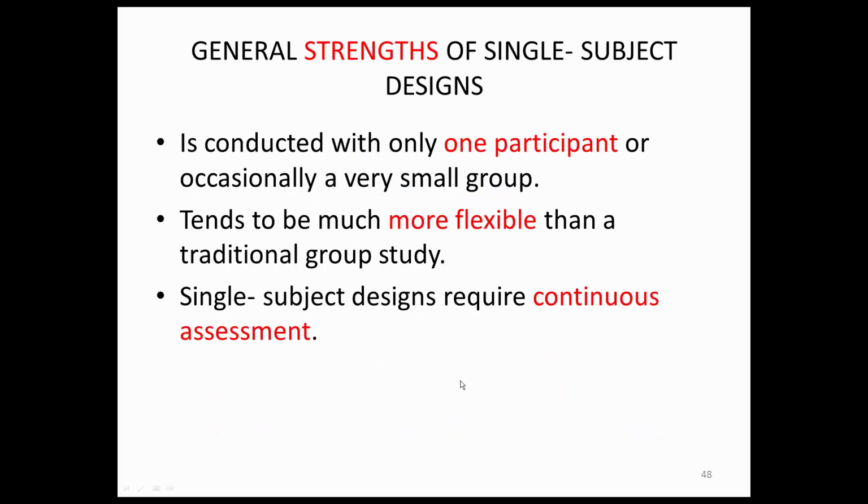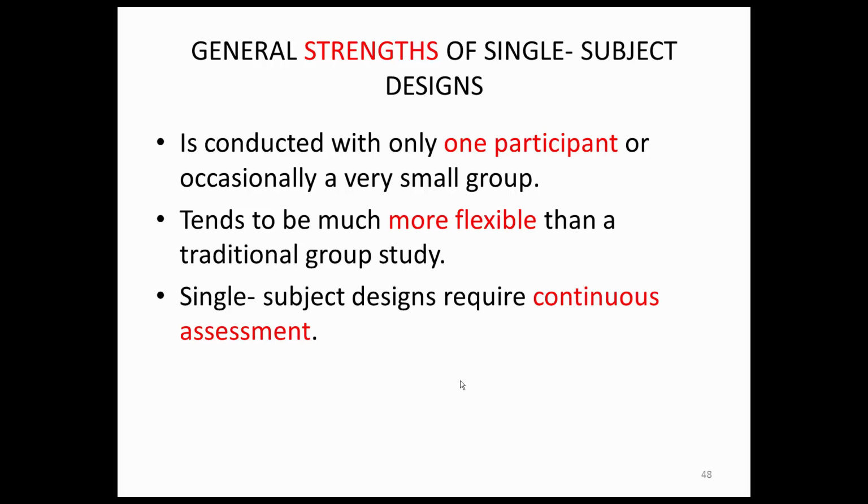And now I'm going to summarize the strengths and the weaknesses of single subject. The strength of the single subject design is, first, we're dealing only with one participant, so we don't need to collect a large number of participants to do our research. The other one is it's more flexible. As you observed, sometimes we change our treatment in the middle of the research.